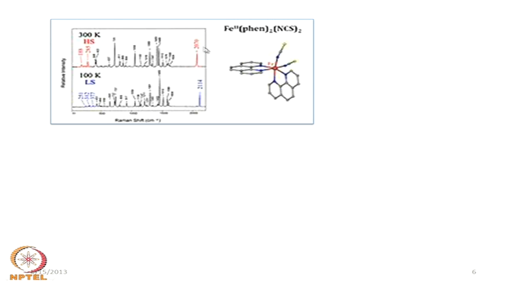This particular stretching frequency is going downward from 2134 to 2070. So, that downward movement of this stretching frequency signifies that we have a high spin situation for this particular molecule.